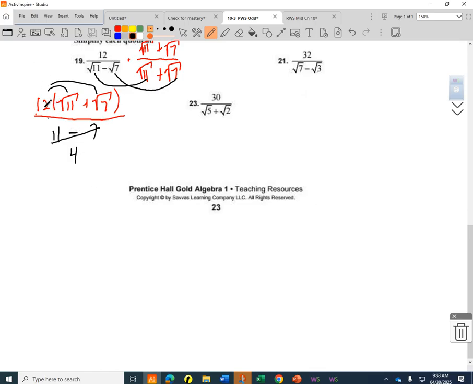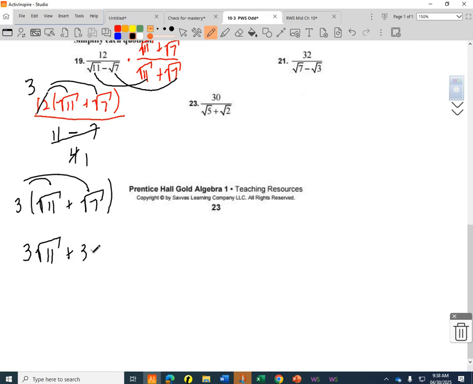Can you simplify 12 and 4? 4 goes into 4 one time, and it goes into 12 3 times. So we have 3 times the square root of 11 plus the square root of 7. Now we just distribute. 3 square root of 11 plus 3 square root of 7 is your final answer.